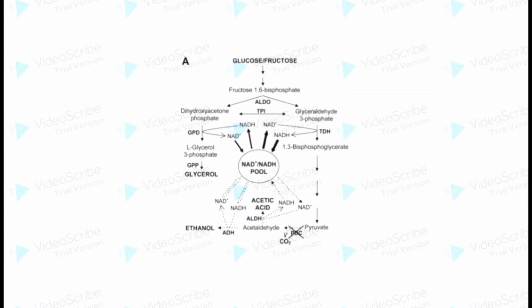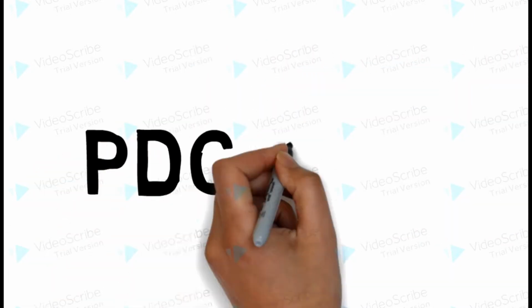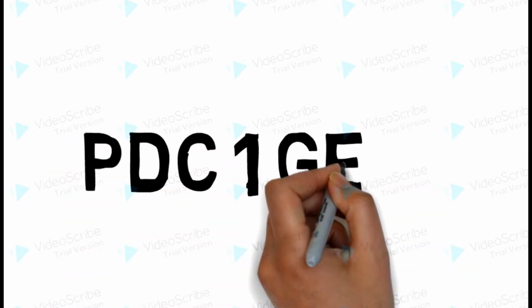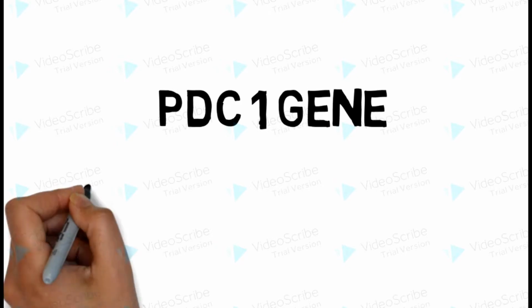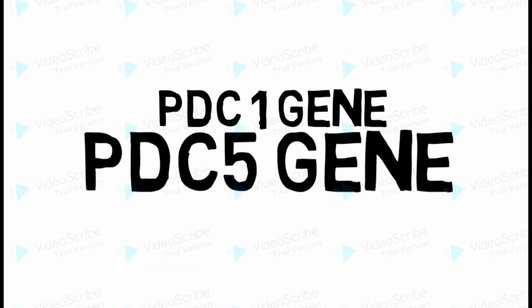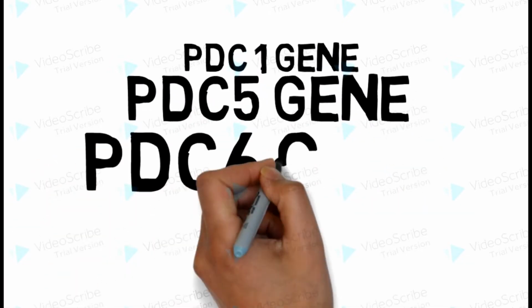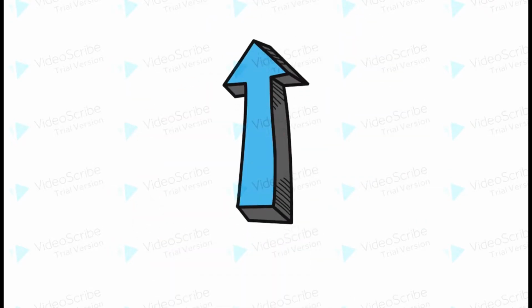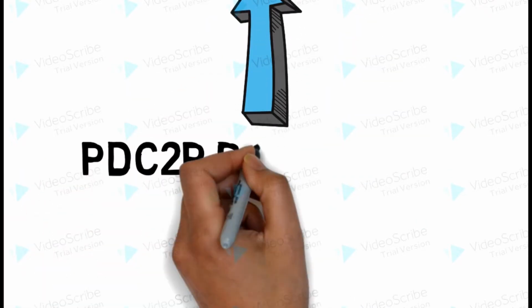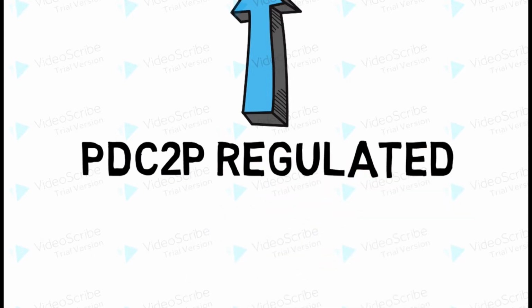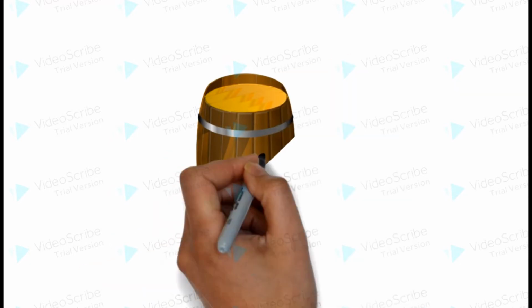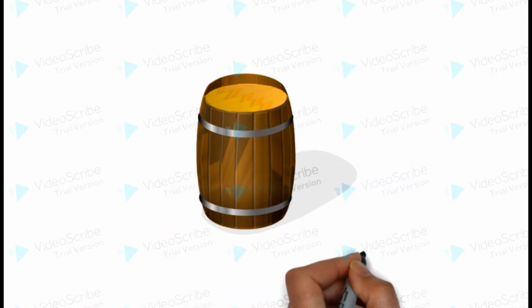Another manipulation of the central carbon metabolism is the reduction of the PDC gene. Within Saccharomyces cerevisiae, there are 3 PDC genes, PDC1, 5, and 6. These are upregulated by the transcription factor PDC2P. It has been established that only PDC1 and PDC5 are known to be active through fermentation.